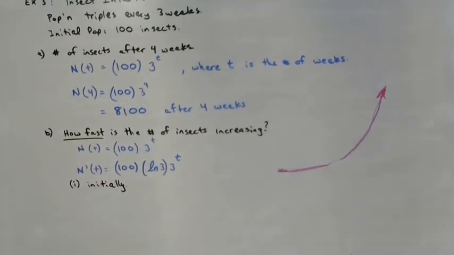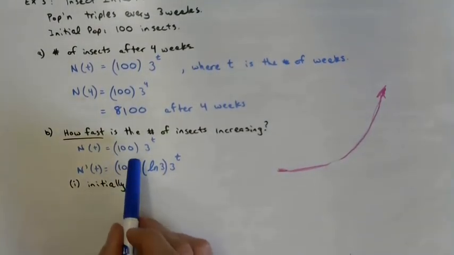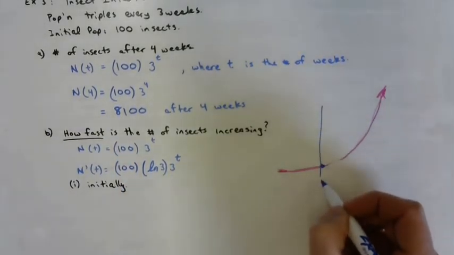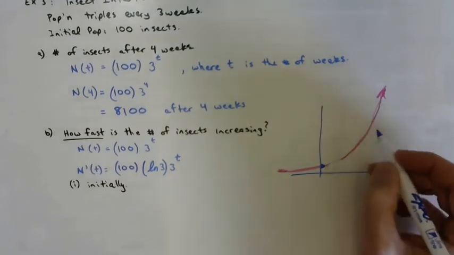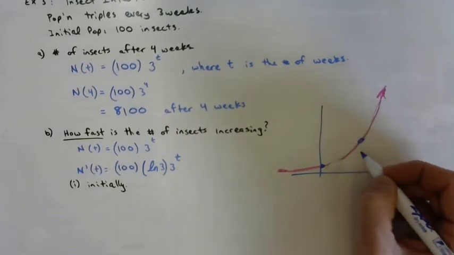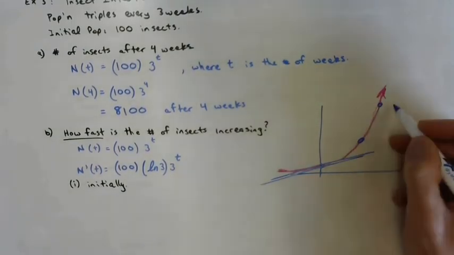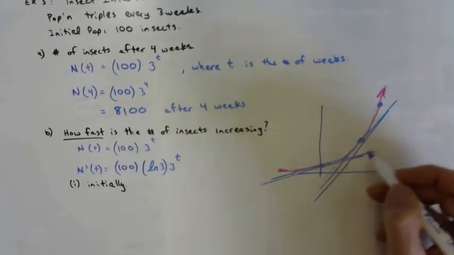Okay? Which means that the rate of change at the beginning of this situation is going to be different than the rate of change later on. We can do that by just thinking through the tangent lines at each of these points.